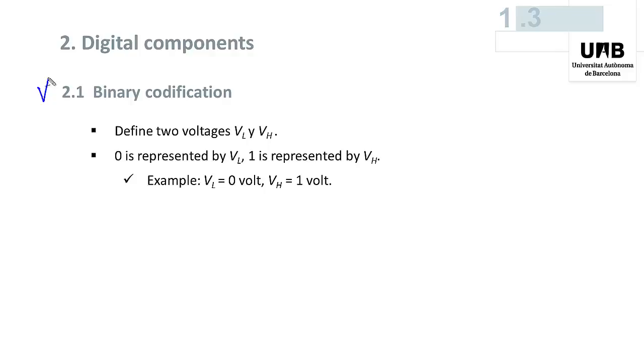For that, we define a low voltage, VL, and a high voltage, VH, and conventionally state that VL represents bit 0 and VH represents bit 1. In what follows, we will define VL equal to 0 and VH equal to 1 volt.